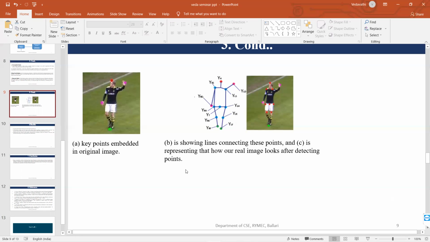See, the input is a human body. Yes, sir. The human body is converted into an equivalent line diagram or line figure. Yes, sir. Hands, legs, and other parts. So all the human body parts are written in terms of lines.